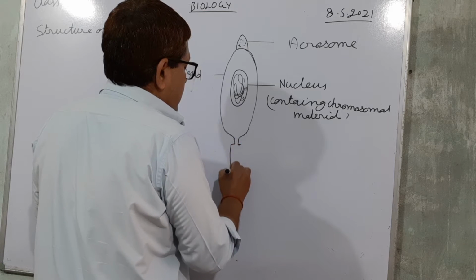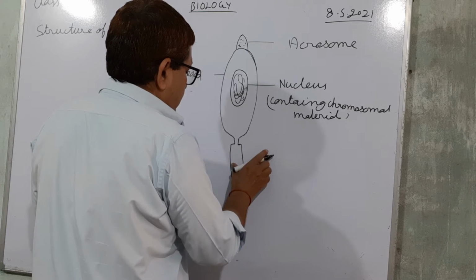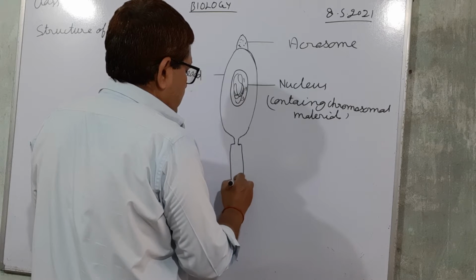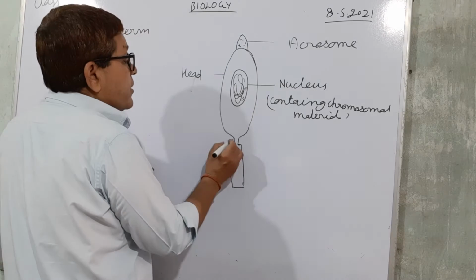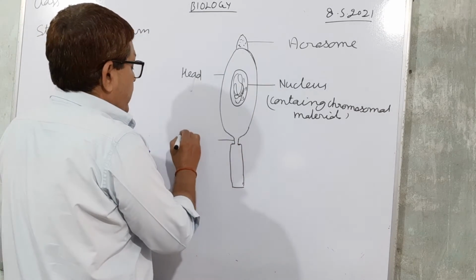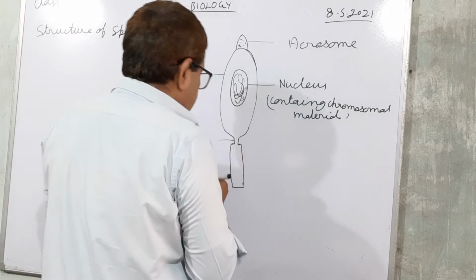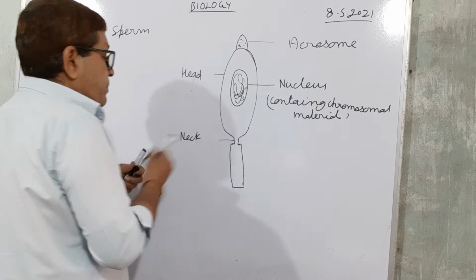So the second region is the neck, and this region is called the middle piece.